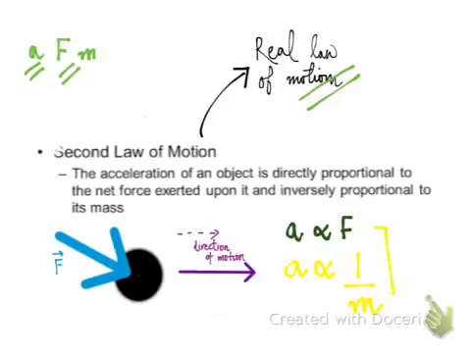Now let us combine these two, and by combining these two I get acceleration is proportional to F by m. When we remove the proportionality symbol, we introduce a proportionality constant, and thus we get a is equal to kF by m.